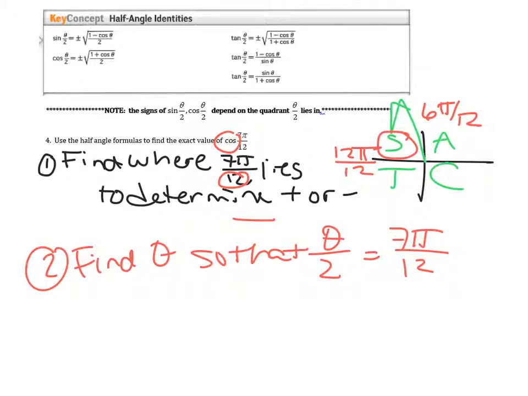Well, you're just doing simple math. If you're dividing by 2, multiply by 2. The theta that's going to go in the problem is whatever you divide by 2 to get 7 pi over 12. So when I multiply, that gives me 7 pi over 6. So I know my theta is going to be 7 pi over 6. I am going to have to put this on the next screen, so you might want to pause it and write this down.